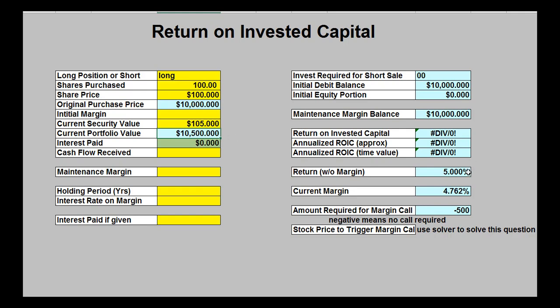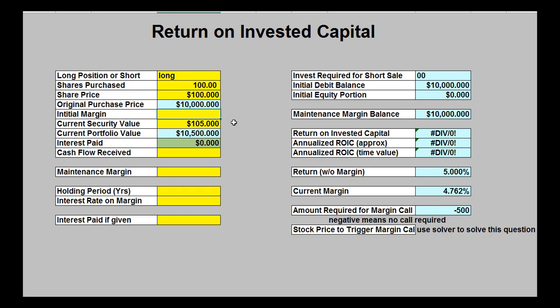First, here's the return without margin: this 5% return, right? 105 divided by 100, 5%. So let's assume, though, that the brokerage firm is going to allow you to open a margin account. And the margin is the equity.